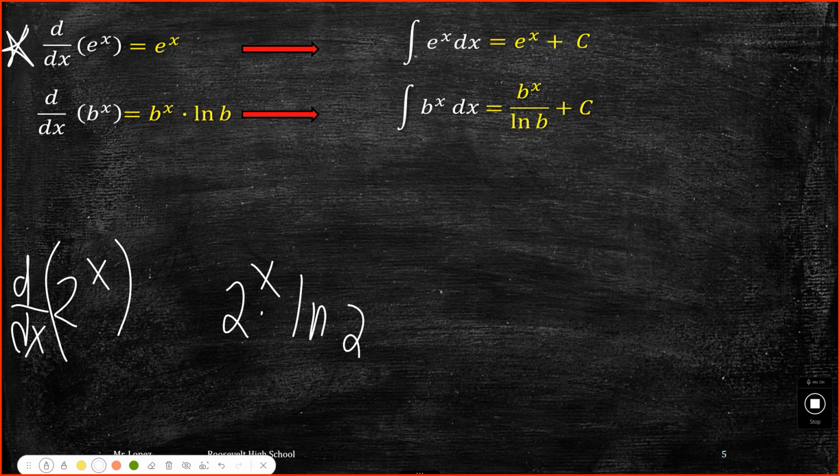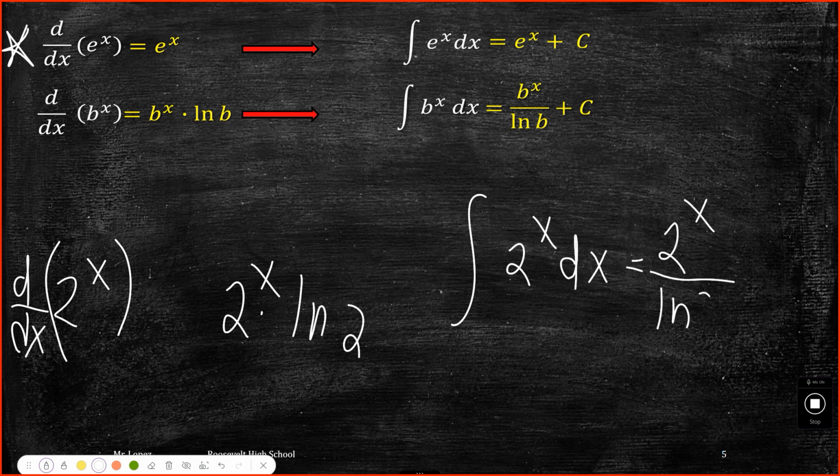So the integral of something like 2 to the x dx. I just apply that here. It's 2 to the x divided by ln 2. Divide instead of multiply.